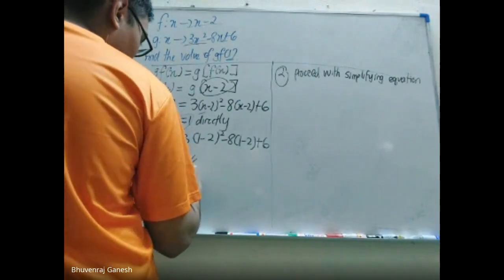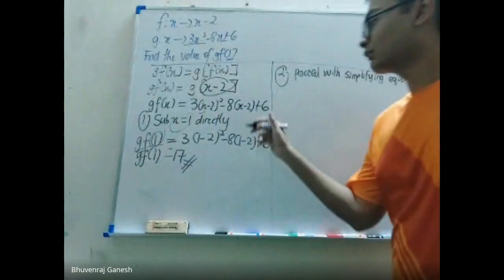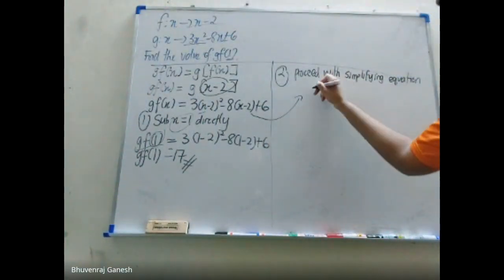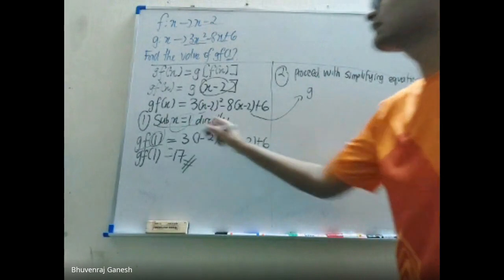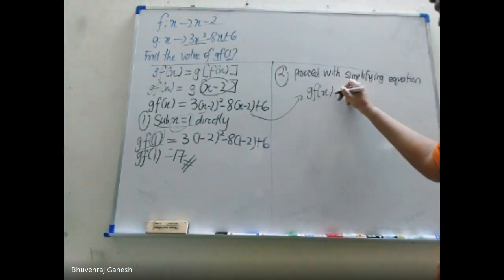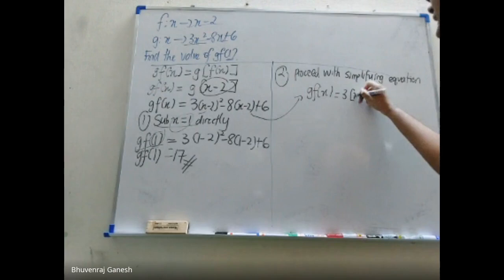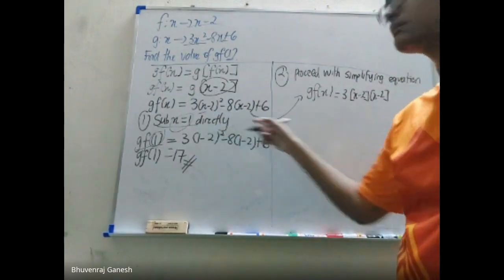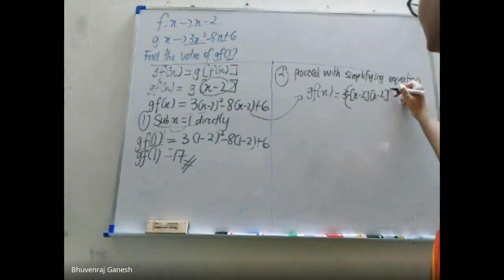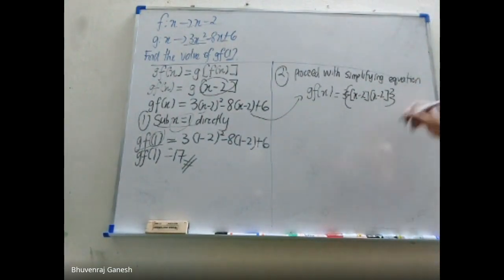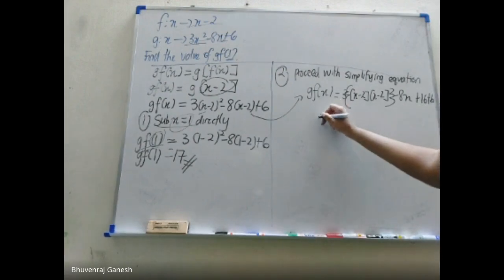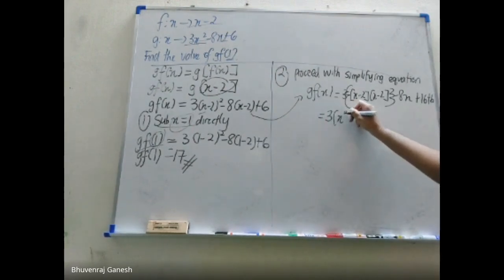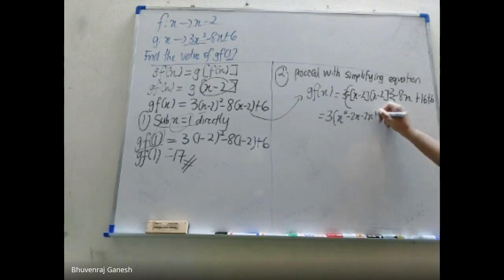Okay, so if let's say you're not convinced with this method, from this part I'll proceed to simplify and then substitute x is 1. So gf(x) is 3 times, now you're going to expand (x minus 2) squared. This part, be careful because you have to times 3 after you expand this. I'm going to put a bracket like this to indicate that I have to times 3 after that. Then minus 8x plus 16 plus 6. So here now we solve the expansion. x squared minus 2x minus 2x plus 4.